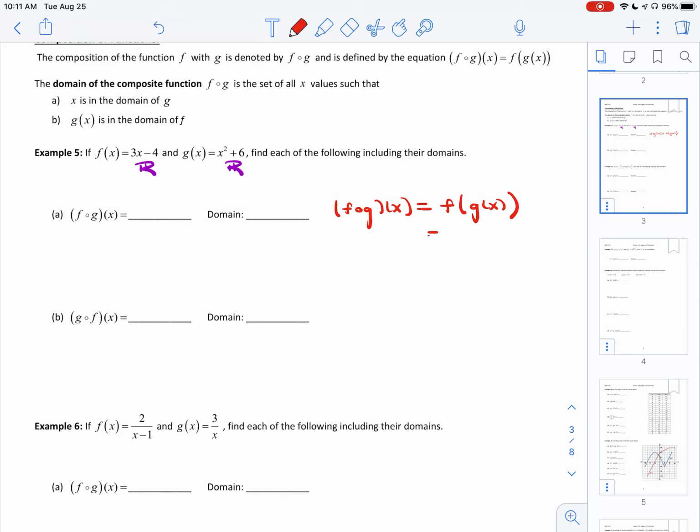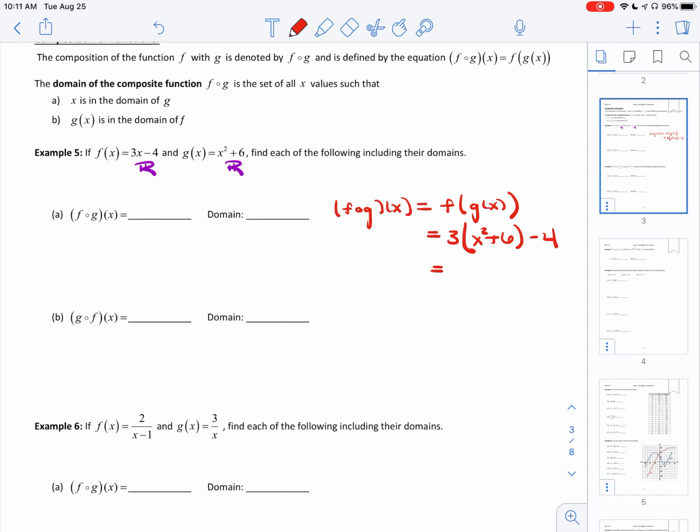So what this is going to look like is 3 times, and then we're plugging in the whole g of x, which is x squared plus 6, minus 4. So just like when we did that function notation, we're just plugging in everything that's inside our parentheses for our x value. Then we just need to simplify.